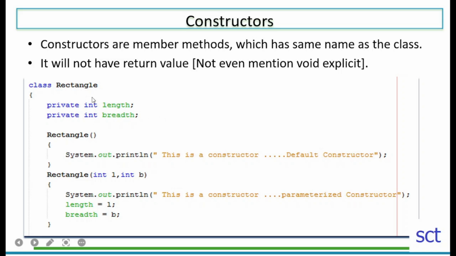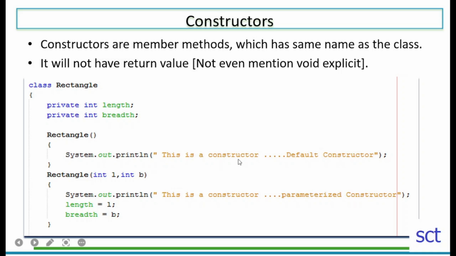We have seen this rectangle program in the previous videos also. So you have length and breadth and you define a method. This is basically a method but it has the same name as a class. So the class name is also Rectangle and I am saying Rectangle open bracket close bracket and within that I am writing something here.